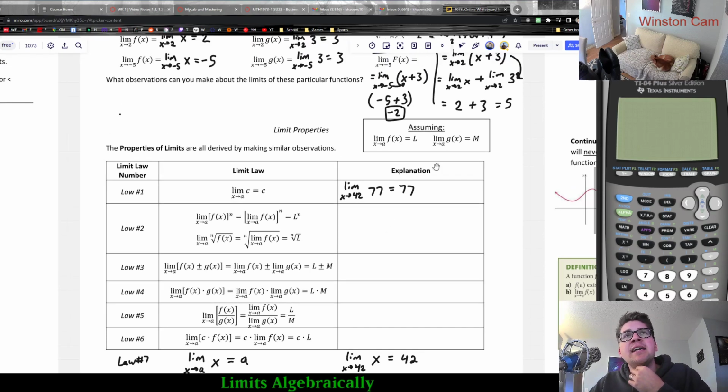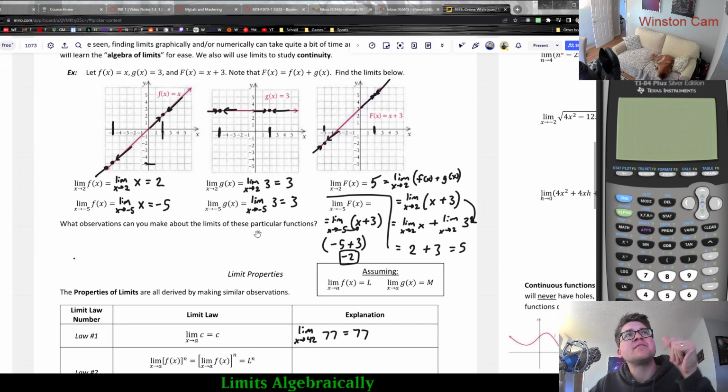And what you'll end up getting is, if our functions individually have limits, so the first function has a limit of L, like in this previous example, we looked at x and 3 as our two separate functions. Then we considered what happened if we add them together. And the point we noticed was that, well, the limit of this one, imagine this is capital L here.